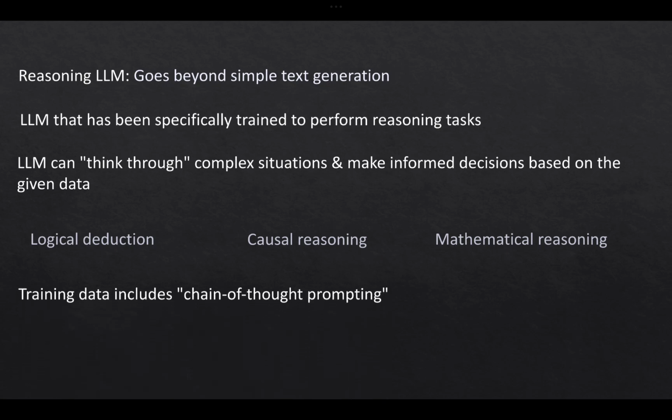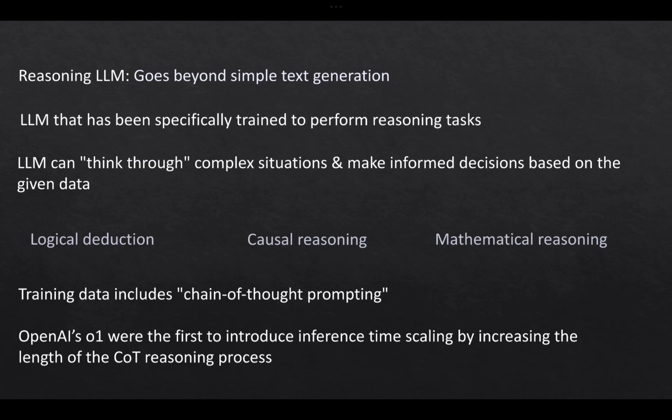The training data for this type of model typically includes chain of thought prompting, which forces the LLM to think step by step. OpenAI's O1 series of models were the first to include inference time scaling by increasing the length of the chain of thought reasoning process.